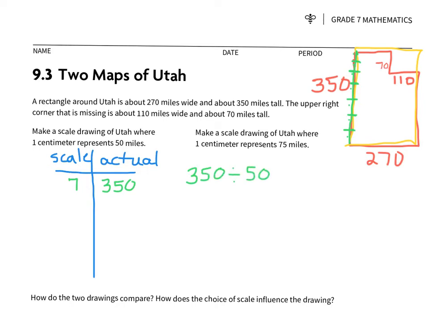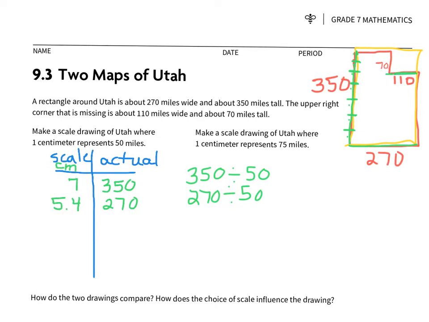And we can do that with each of these different distances. The length along the bottom is about 270 miles. If I do 270 divided by 50, I get 5.4 centimeters. Remember, this scale is in centimeters.